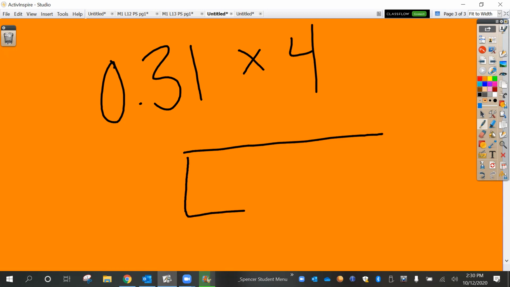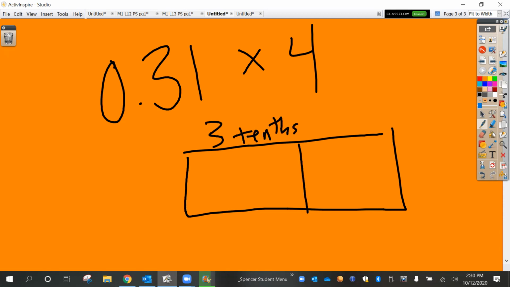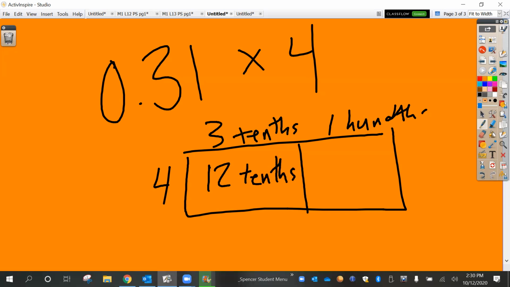So, okay, two places in the number that we're multiplying. Let's represent that with the area model. So we have 3 tenths this time and 1 hundredth. And we're multiplying that by 4. Well, 4 times 3, just like before, is 12. But this time our unit's tenths. And 4 times 1 is 4, but the unit this time is hundredths.